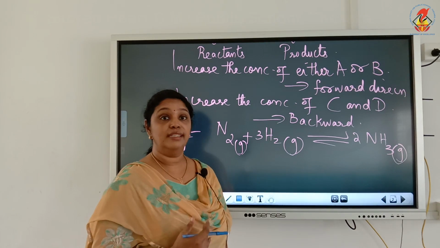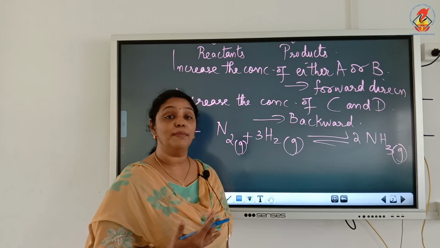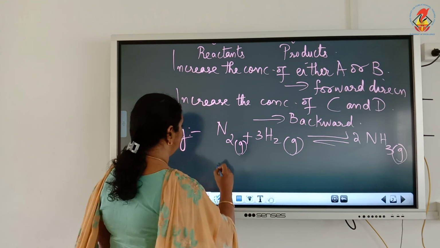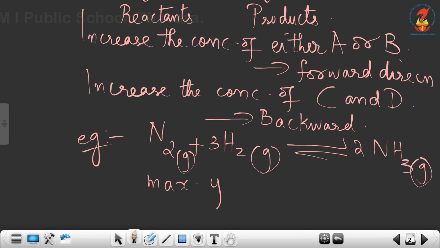Now in this reaction, to get maximum yield or amount of ammonia, how can I do it with the concentration? I should increase the concentration of the reactants, either nitrogen or hydrogen.